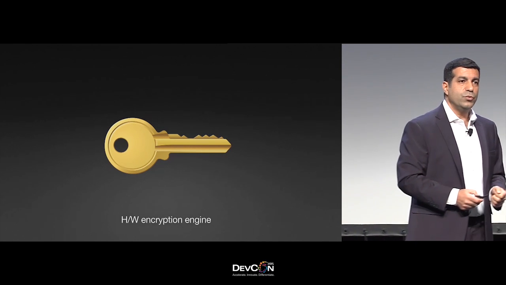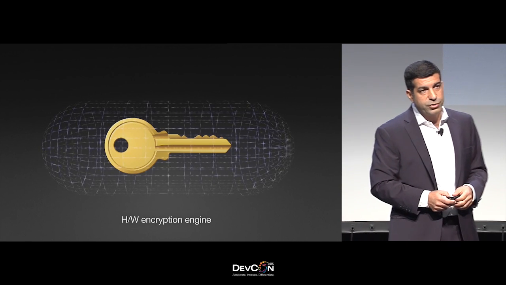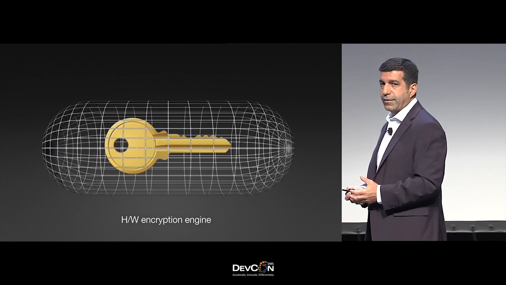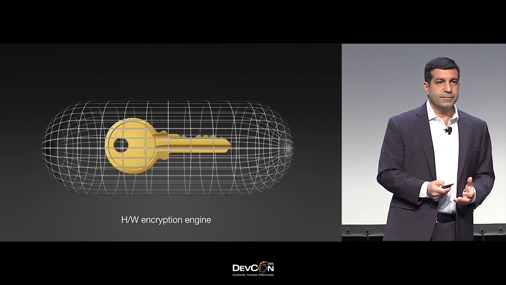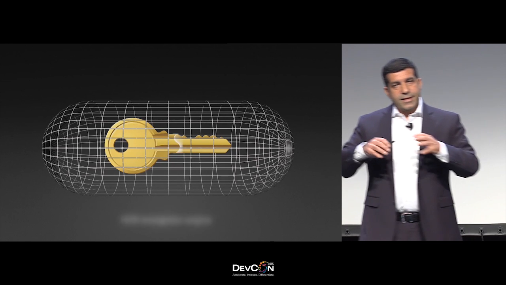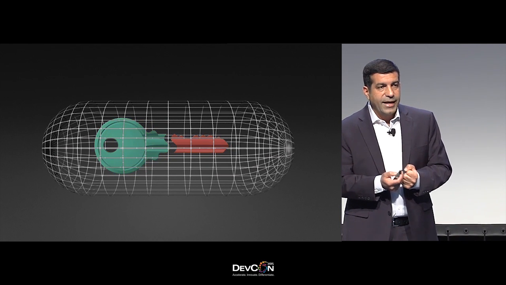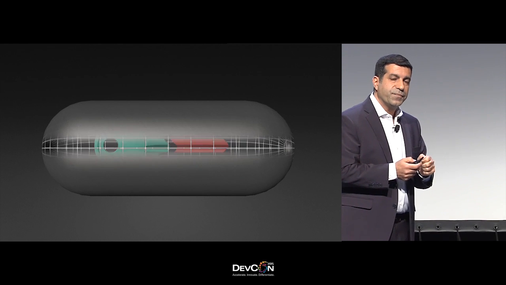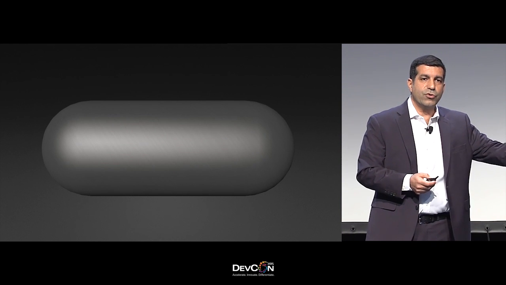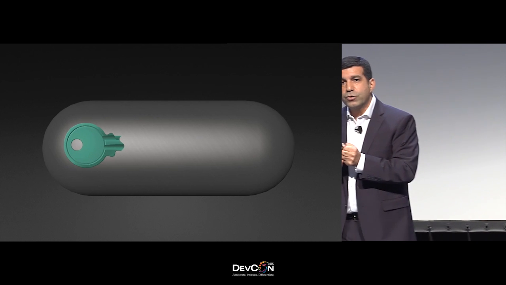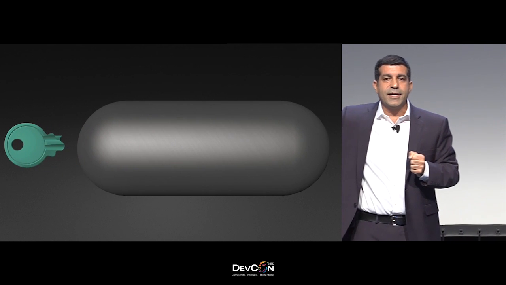Then the MCU will use a hardware encryption engine to encapsulate this key. This key is now encapsulated. It's locked, and the public key is given out through a secure connection that the MCU will establish through the programmer to where you have hidden the file key.